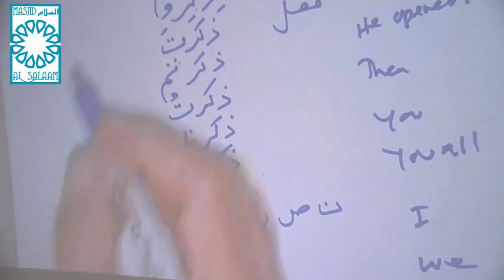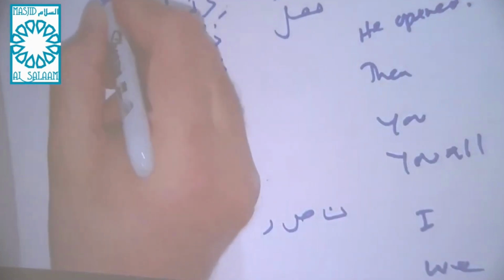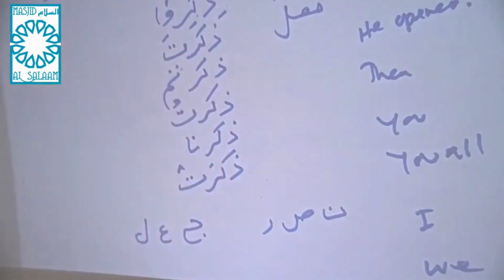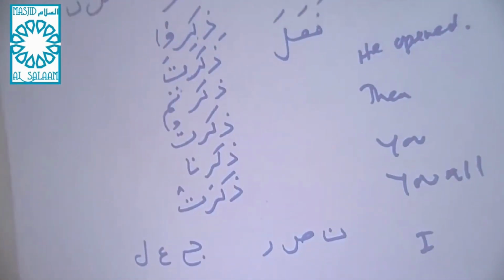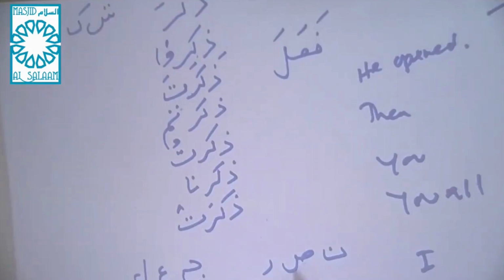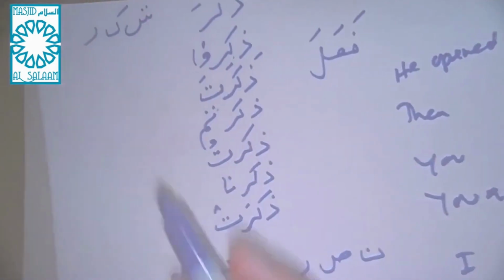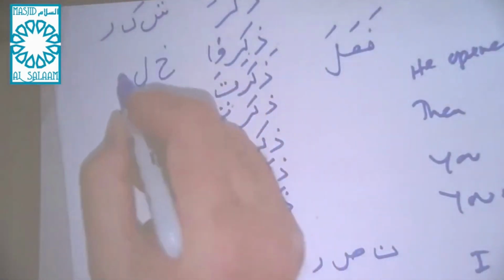If I give you another, sheen, kaf, ra: shakara, shakaru, shakarta, shakartum, shakartu, shakarna, shakarat. Got it? Khalaka, khalaku, khalakta, khalaktum, khalaktu, khalakna, khalakat.